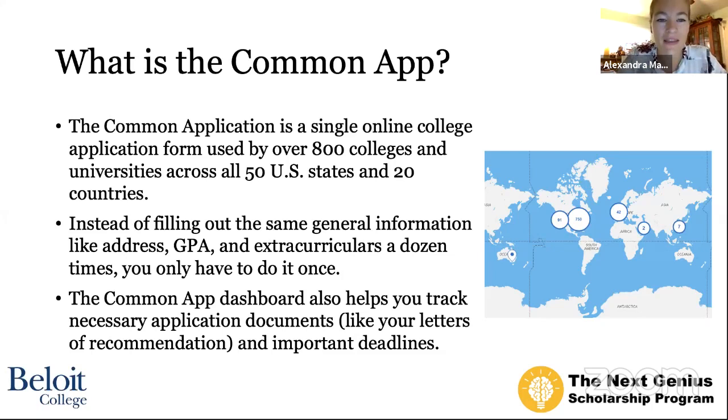So the idea behind the Common App, as you know, in the US in particular, every post-secondary institution is an autonomous entity. We have some colleges and universities that are public that might exist within some kind of system or larger collection of schools, like University of California, Davis, University of California, Berkeley.